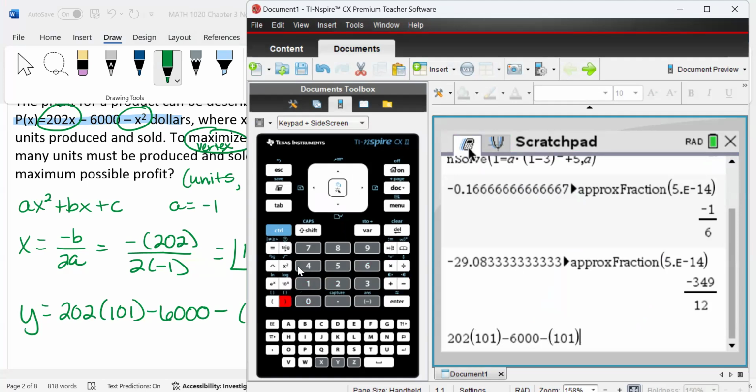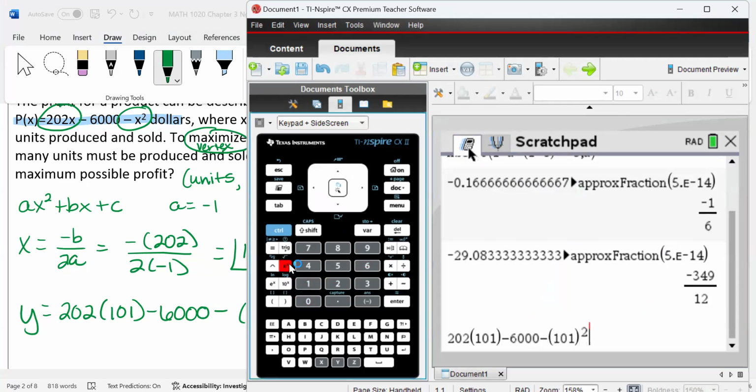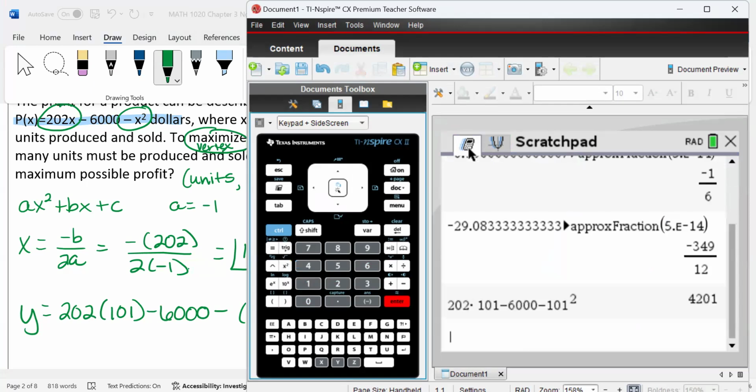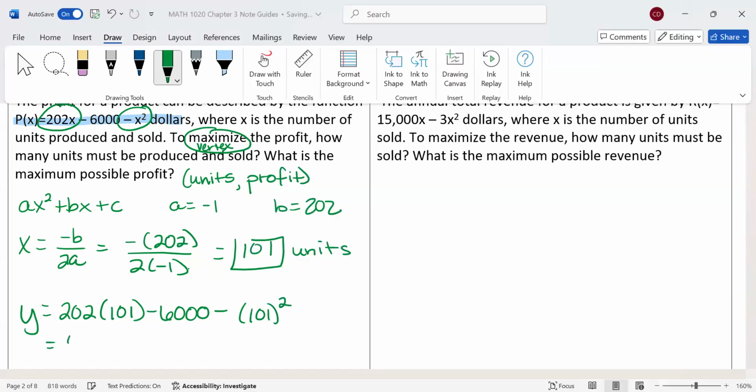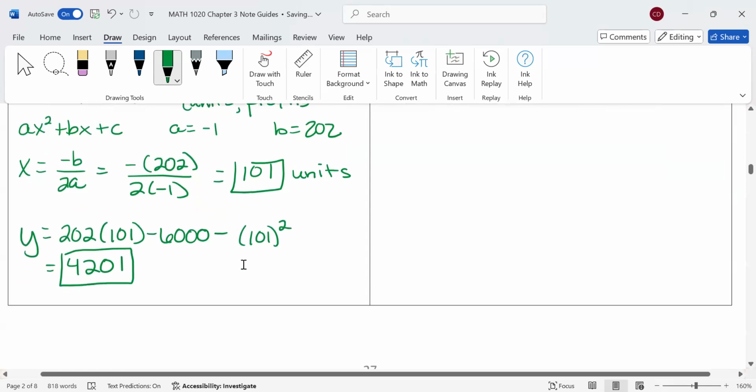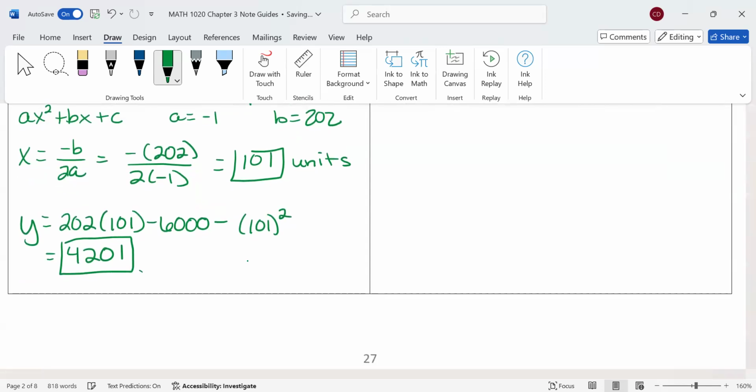Get to square. So that's 4201. So maximum profit is 4201. So you're going to type it in as two separate answers. As an ordered pair, this is what it looks like. And they're not going to ask you for the ordered pair. This would have to be your Y max. This would have to be your X max.